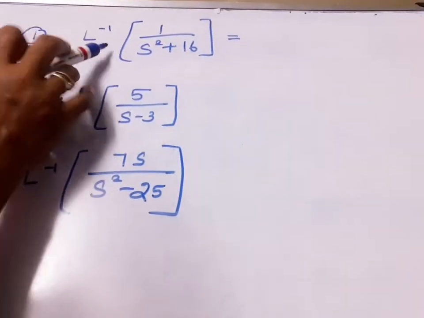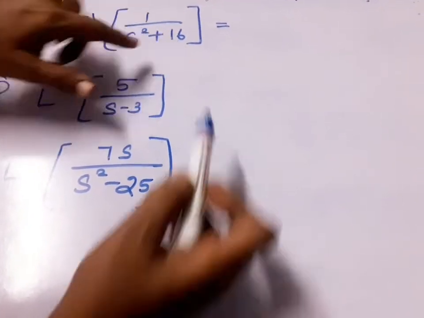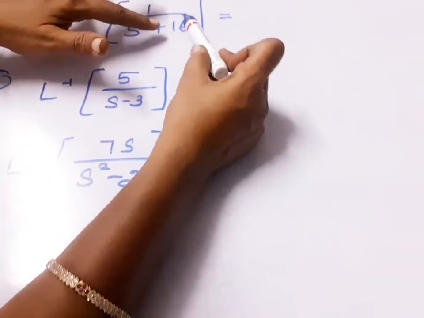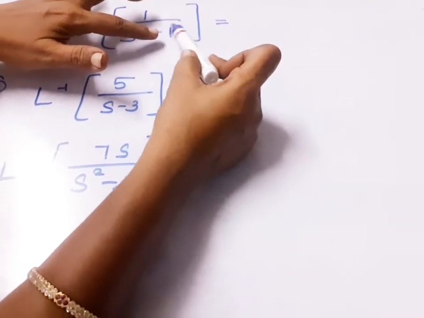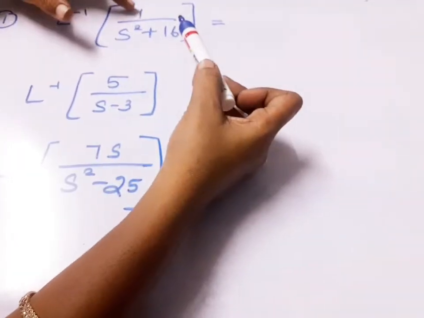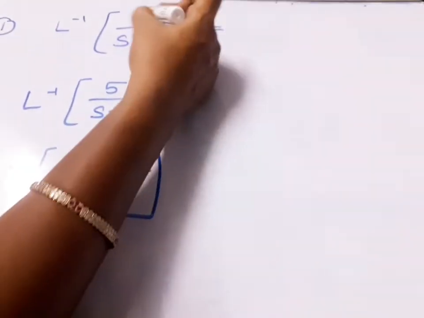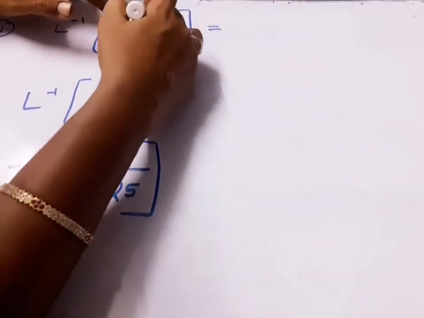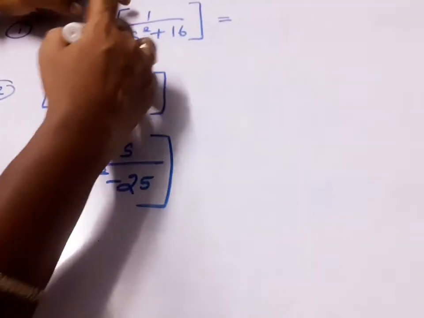Now we discuss the first problem, L inverse of 1 by s square plus 16. Here this is of the form s square plus a square. So you can identify a is square root of 16, which is 4. But we should have a by s square plus a square. So what you can do is multiply and divide by 4 here. So when you multiply here, you get 4 by s square plus 16 divided by 4.